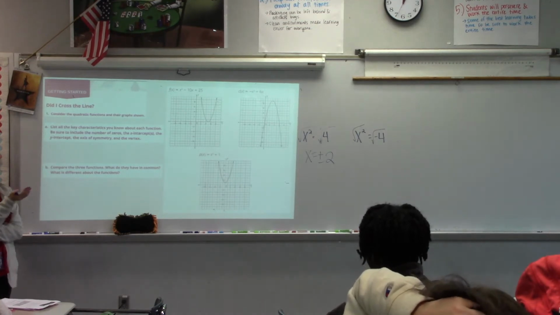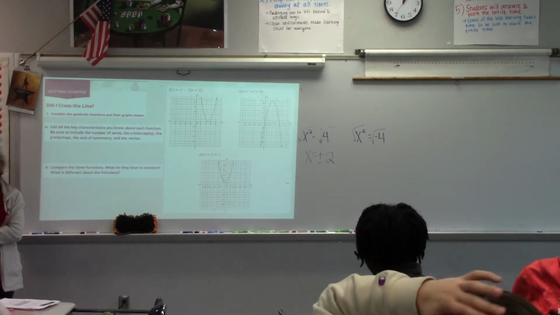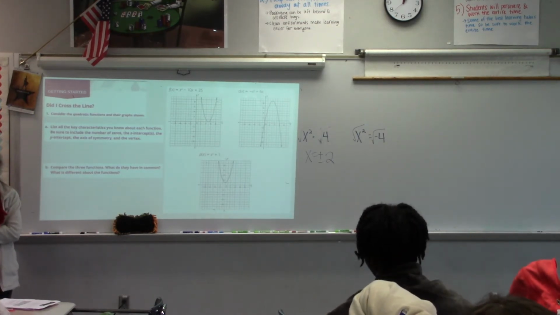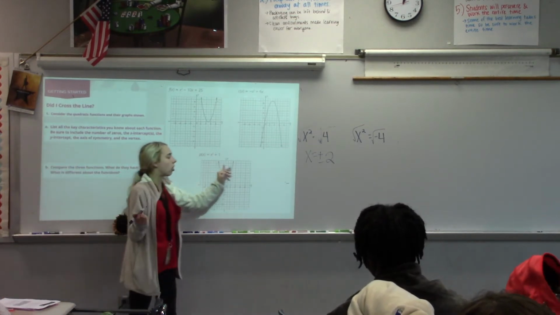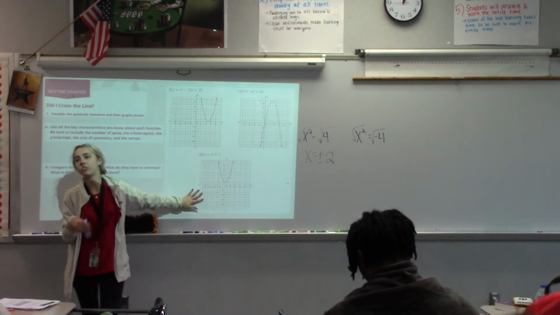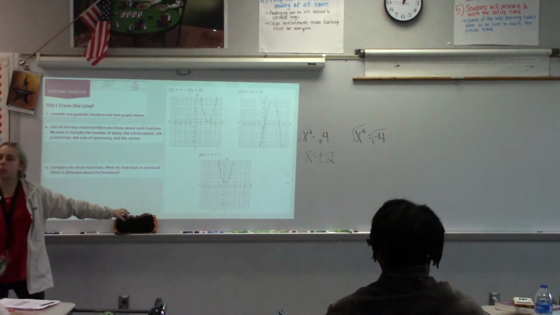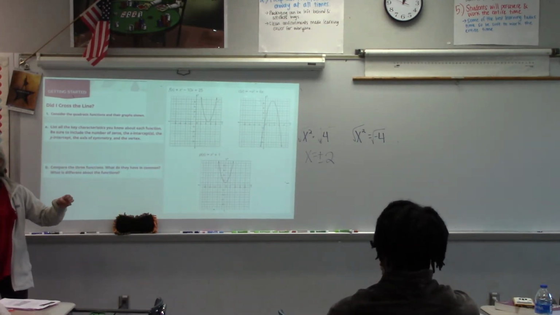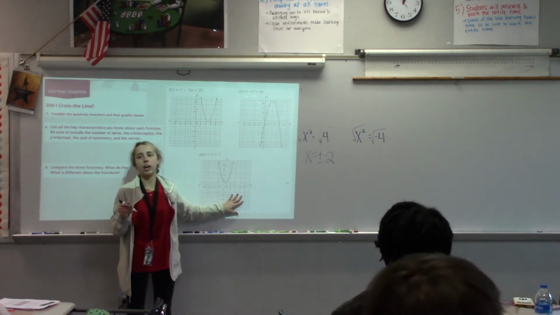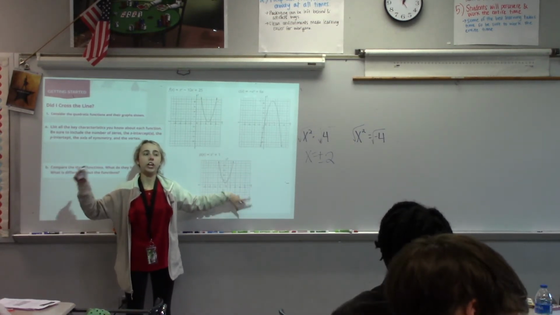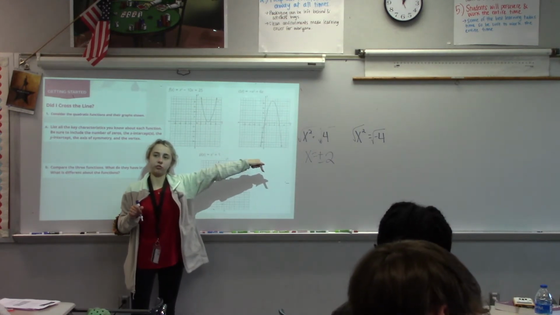But it's quadratic, so we know it has to have 2 solutions, right? So that's what we're getting at here, where it's not crossing the x-axis, it doesn't have x-intercepts, and the x-axis represents our real numbers, right? So essentially this means that this quadratic doesn't have real solutions, it's going to have imaginary solutions.